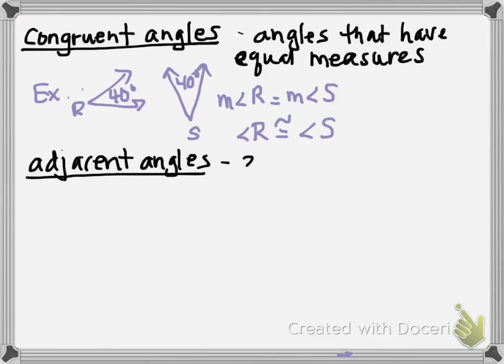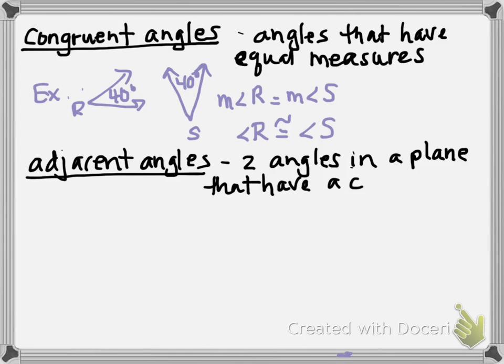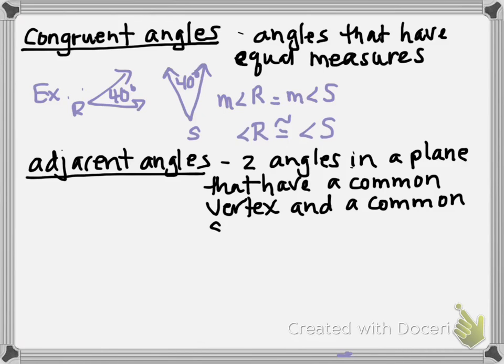And these are two angles in a plane that have a common vertex and a common side but don't overlap.